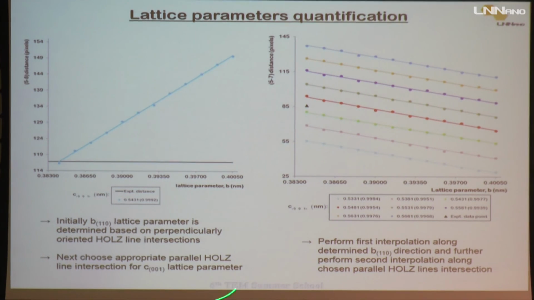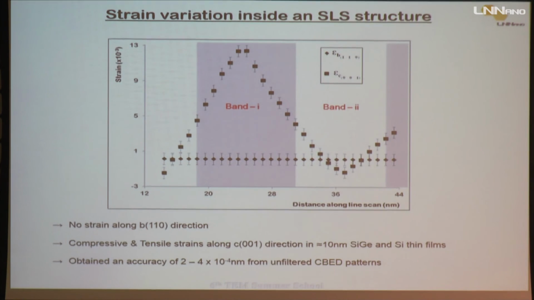First I eliminate the B lattice parameter from the perpendicular interface whole sign positions. Then I use that value and put it into the C lattice parameter calculation, and I calculate C. In this way, I repeated this for all the diffraction patterns that were taken inside the SLS structure. Based upon that, I was able to calculate the strain inside the SLS structure.